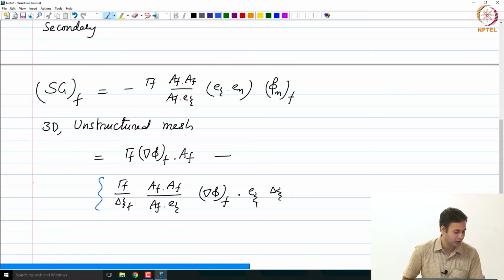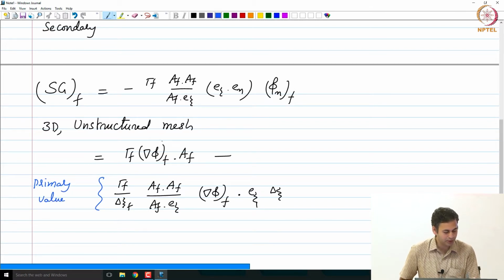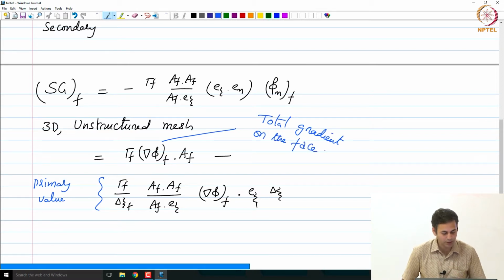So, this is your primary value, and this term is your total gradient on the face. Essentially, the total minus the xi direction gives you the entire secondary gradient term, that is this term.